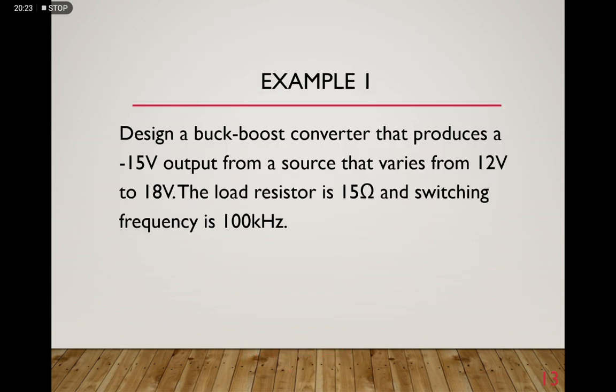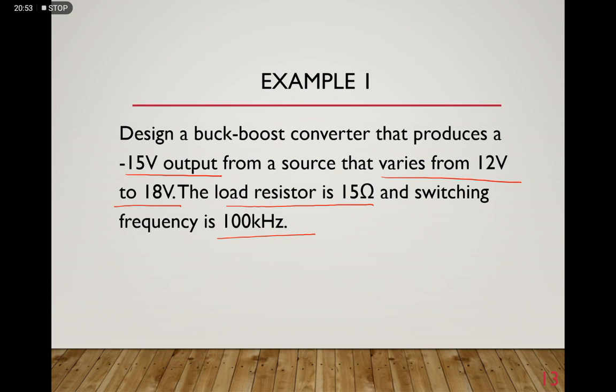So we go to example one over here. We need to design a buck boost converter that produces a negative 15 volt output, and the source varies from 12 to 18 volt. The R here is 15 ohm and the switching frequency is 100 kilohertz.